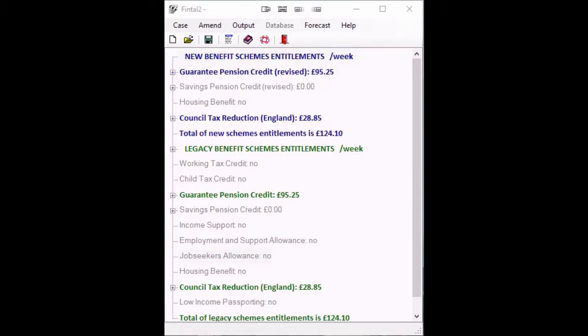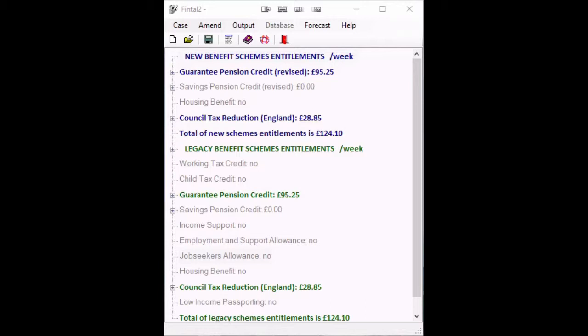We're starting off with a case where we have a married couple, both in their early 70s, with a state pension of £150 a week and capital of £15,000. For the sake of simplicity, we'll have no other income, no disabilities, and they own their own home.